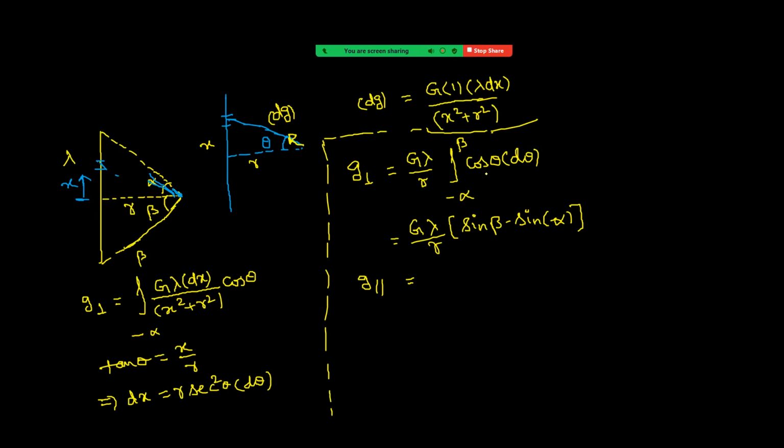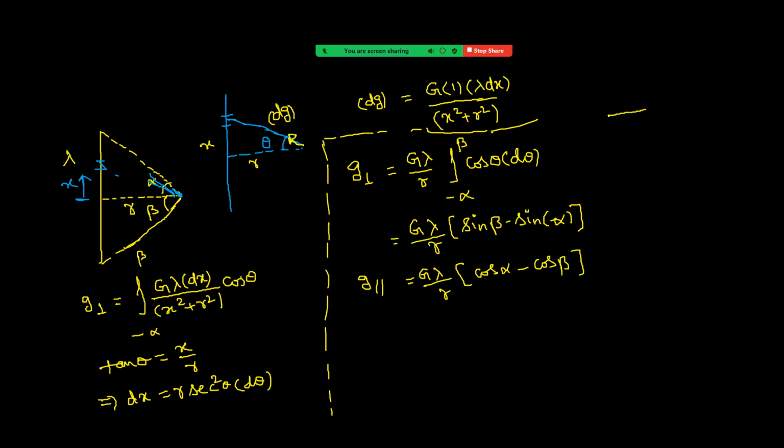And when you integrate sine, we get minus cos. So it is G lambda by r, cos alpha minus cos beta.